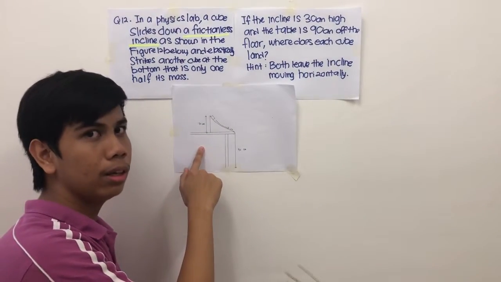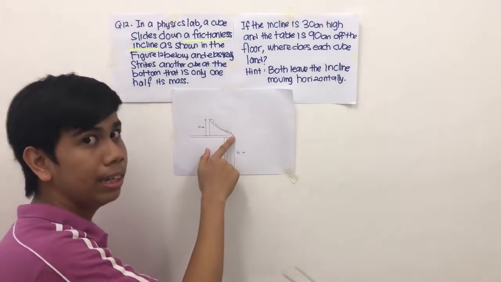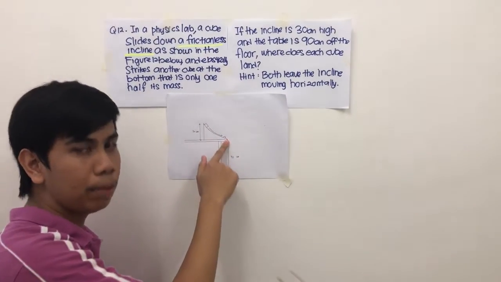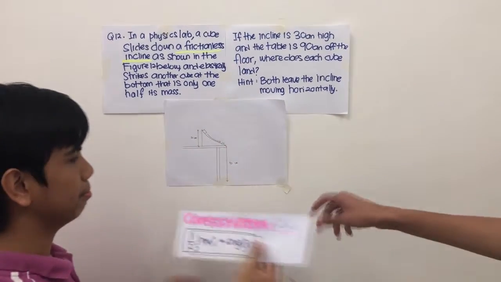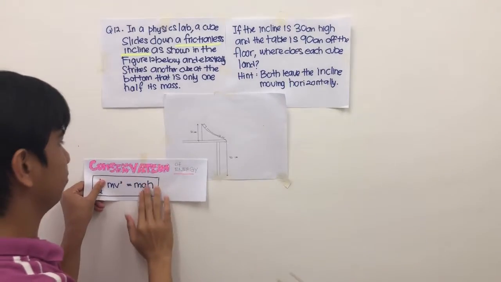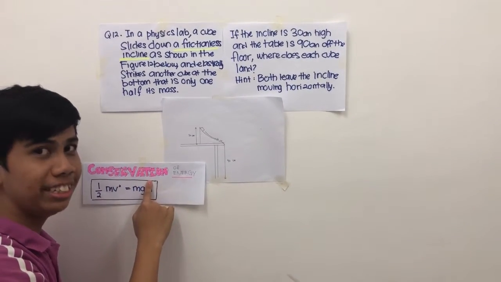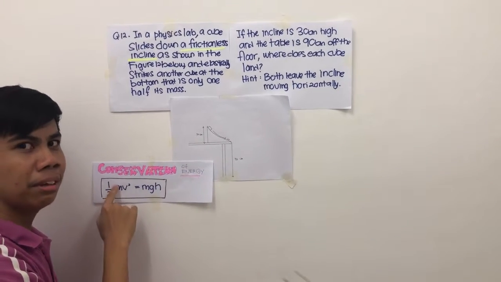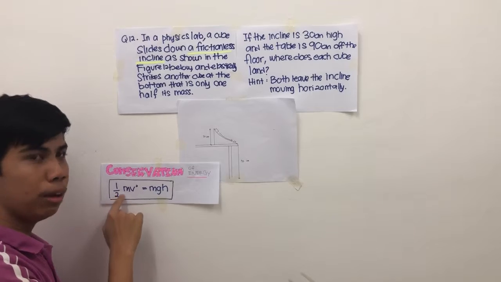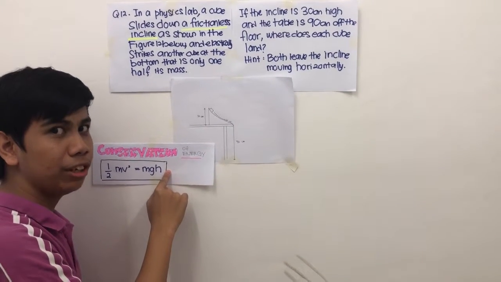Since the incline is frictionless, the first concept that we use is conservation of energy, where the kinetic energy is equal to the potential energy: 1/2 mv squared equals mgh.